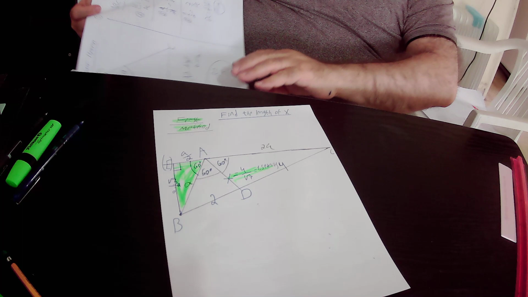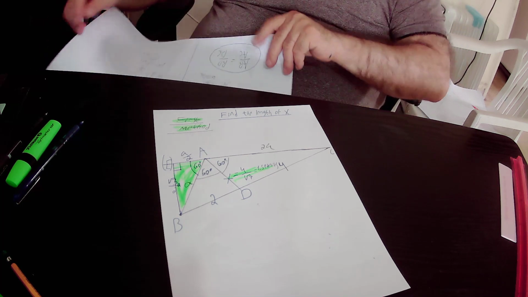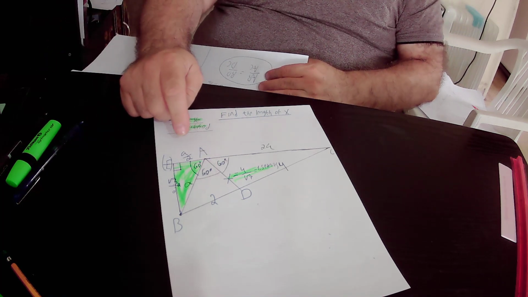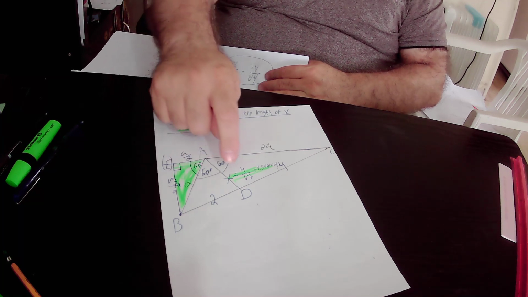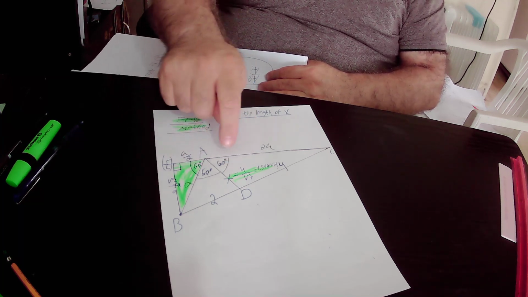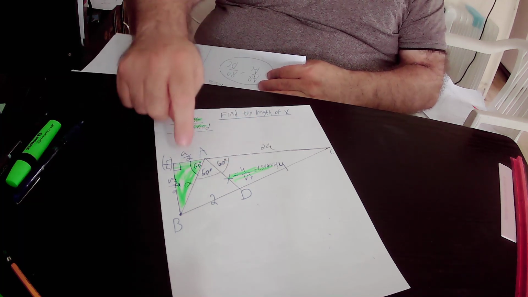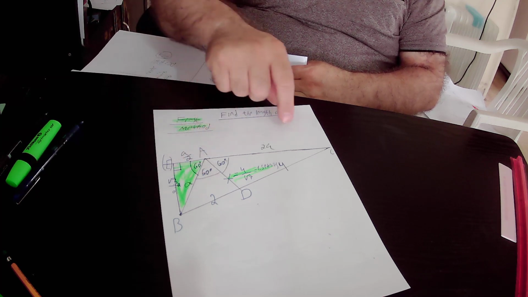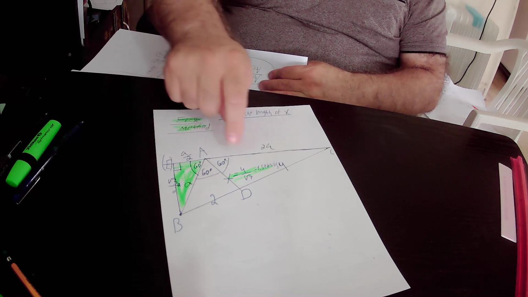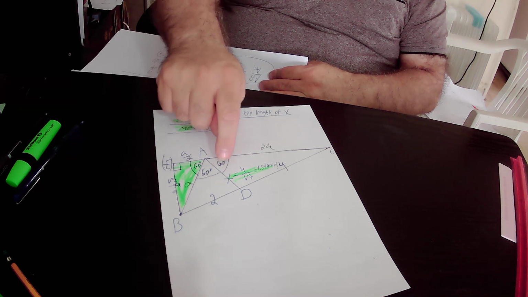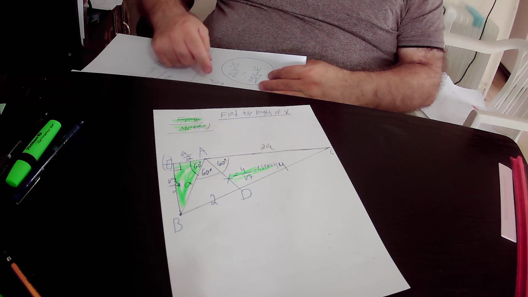In triangle ABC, we know that BD equals 2 units, angle BAD equals 60 degrees, angle DAC also equals 60 degrees, AB equals A and AC equals 2A, and we want to find the length of side AD that is equal to x, according to what is given in the question.